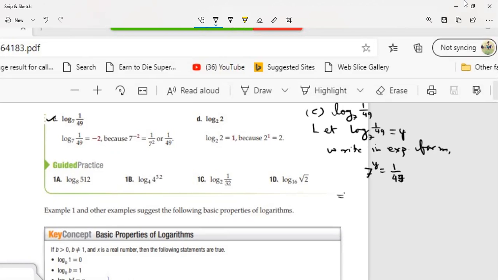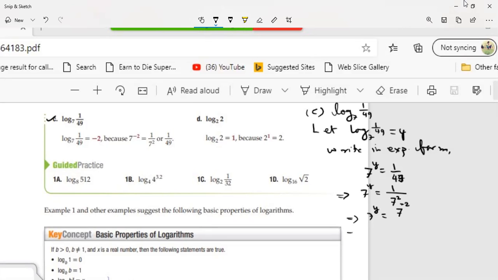Now 49 should be converted into a power of 7. So 7 times 7 is 49. We can write 1 upon 7 raised to power 2. And if you bring this into the numerator, the power will change. This 2 will become minus 2. The sign of the exponent will be changed when we are bringing from the denominator to the numerator or the numerator to the denominator.